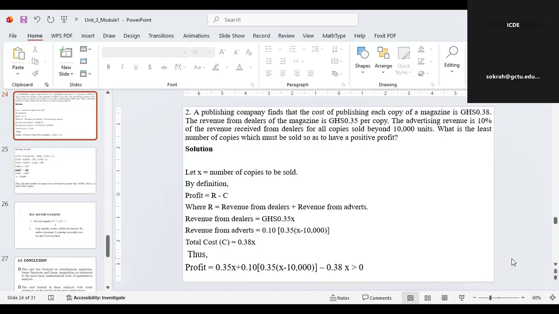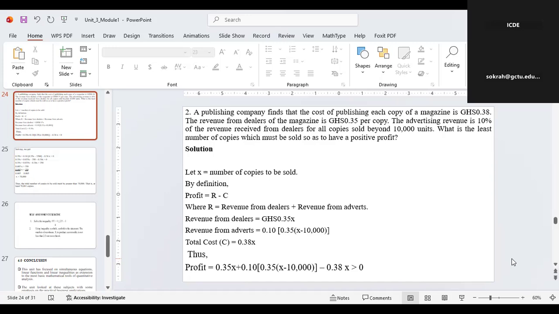I don't know why we always like the x and the y. So because we don't know the number of copies and we are being asked to look for that number, we'll represent it by x. So that is why we let x equal the number of copies to be sold. So that's how we started.